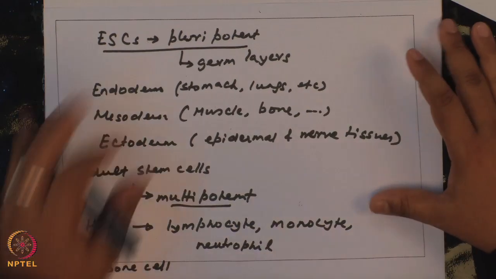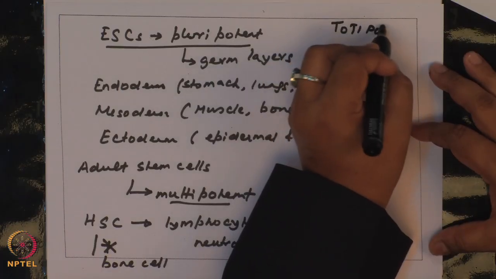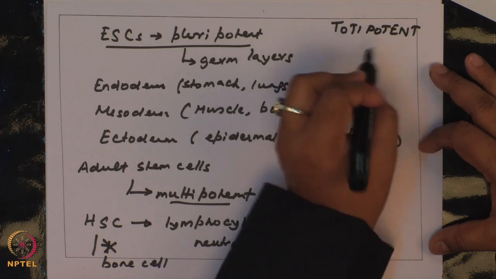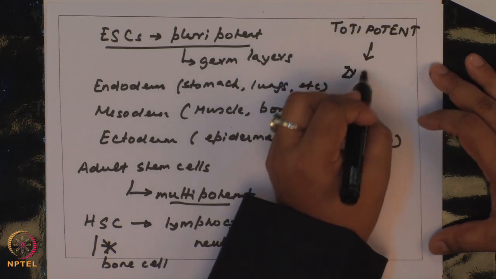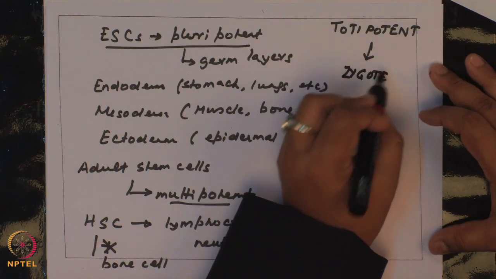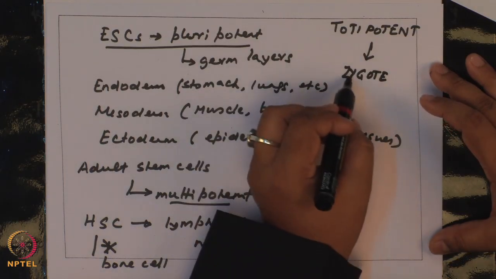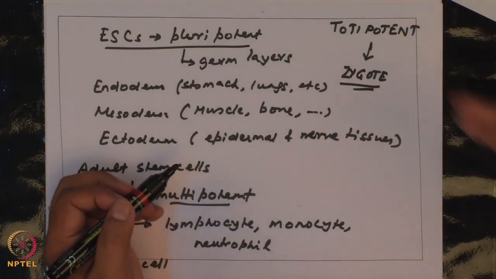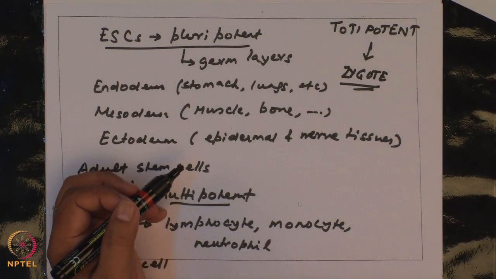And in comparison to pluripotent or multipotent, you have one more case which is called totipotent, and an example is the zygote. These can also give rise to your sperm cells. So, this is totipotency.